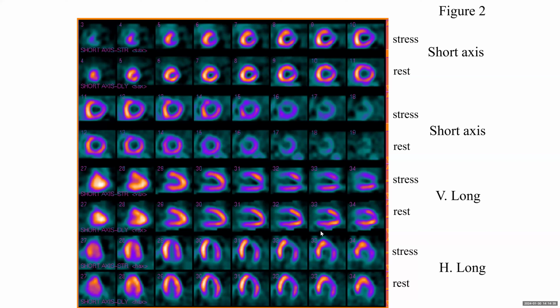It's not really very clear whether it's actually involving the base, because look at the base, the inferior base is preserved. So it's only a mild, mid to distal perfusion defect. Look at the color, how is it improving at rest? That color actually indicates that there is probably mild mid to distal inferior wall ischemia too. Okay?